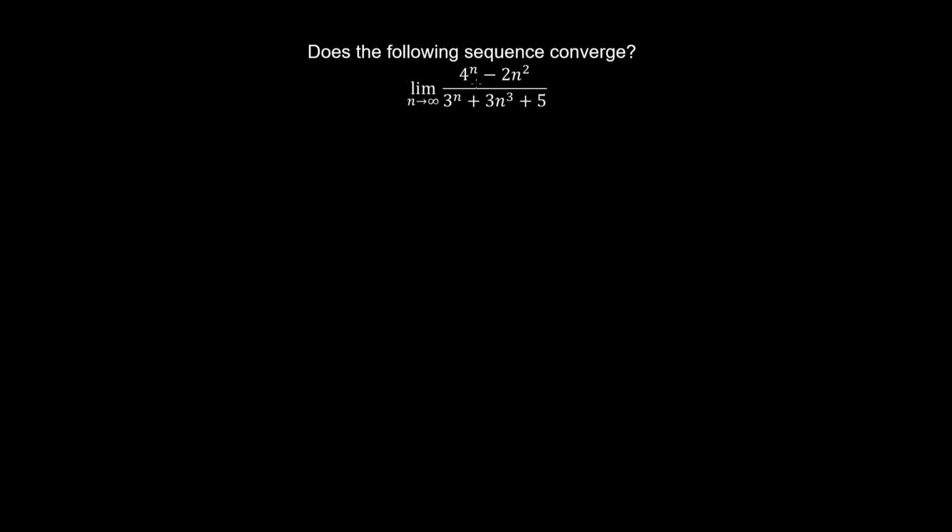Let's determine if the following sequence converges. So again, we multiply by the reciprocal of the fastest growing term. And you can probably see, because the fastest growing term is in the numerator, the sequence is going to diverge. But let's continue to evaluate the limit, which we can now write in this form.